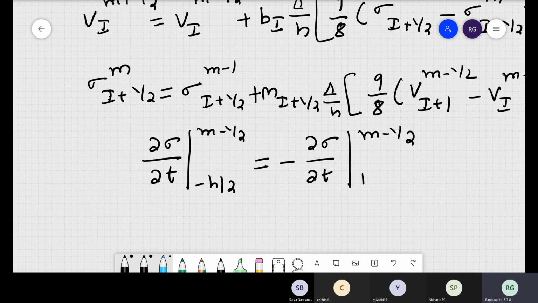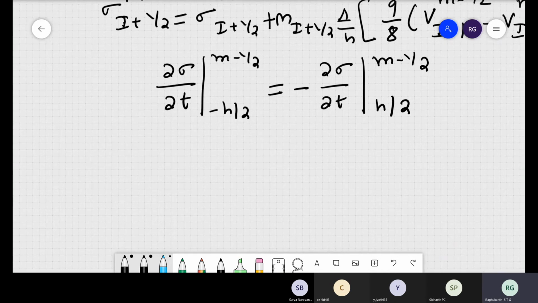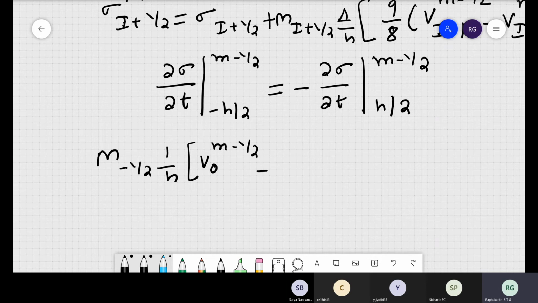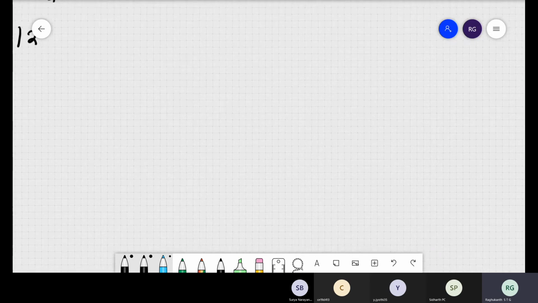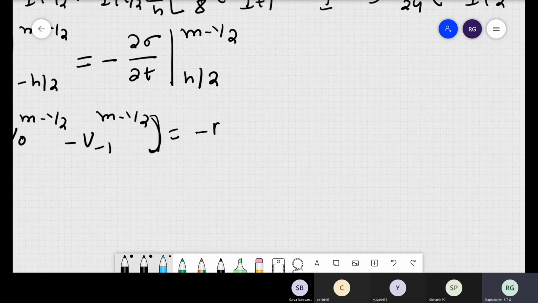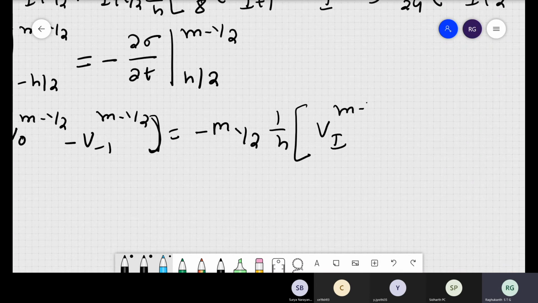So m minus half and h/2, so we also write like this. Or if you write this expression, say ∂σ/∂t, this becomes m minus half, 1/h. So (v_0^{m-1/2} minus v_{-1}^{m-1/2}) is equal to minus, the right hand side is minus m by half, 1/h, (v_1^{m-1/2} minus v_0^{m-1/2}).